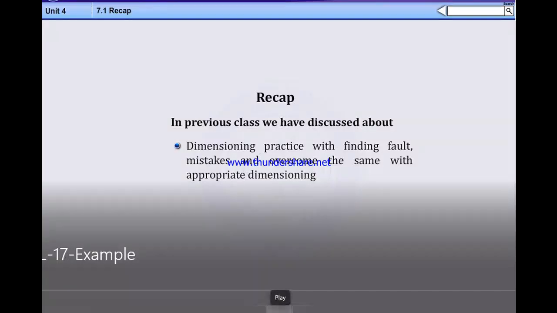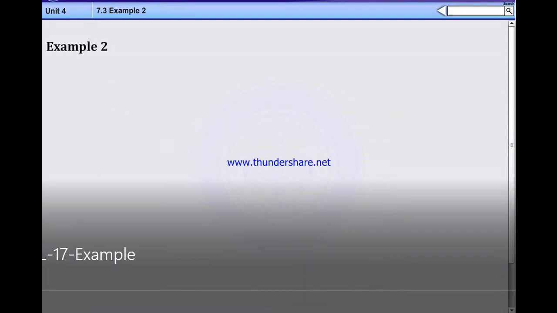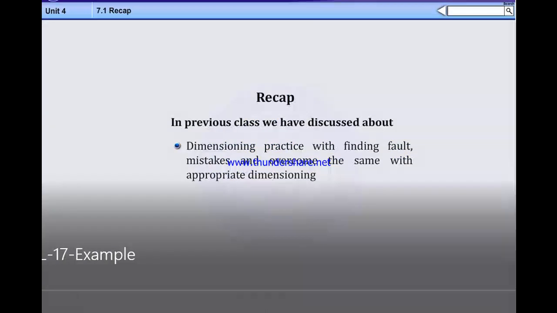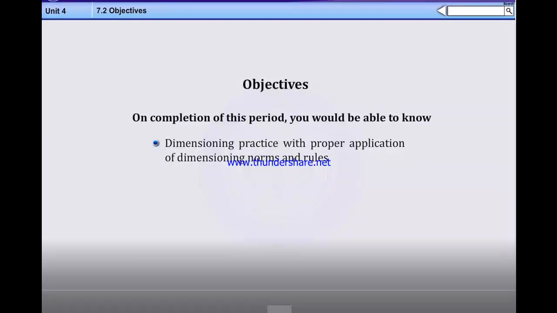So this is the recap of what we learned previously. The main objective of the dimensioning practice is, on completion of this period you should be able to know dimensioning practice with proper application of dimensioning norms and rules.